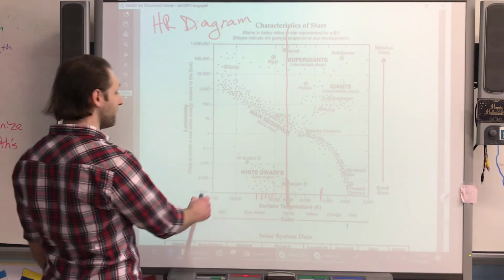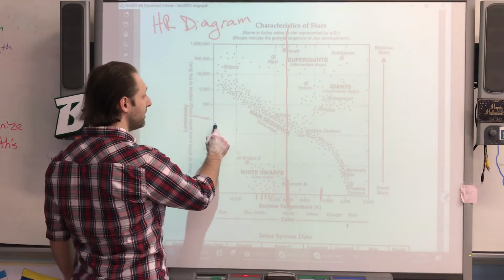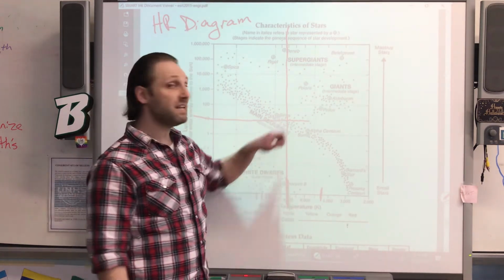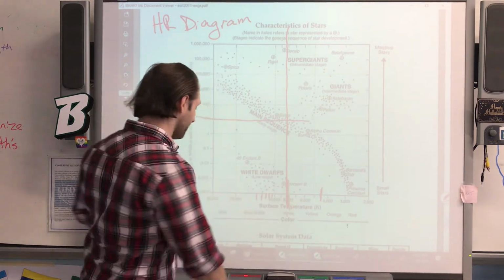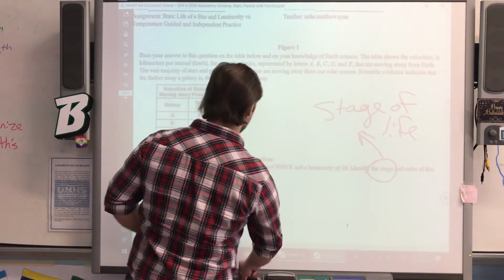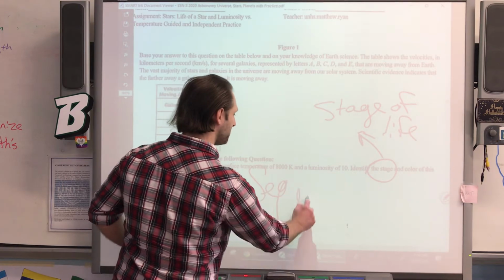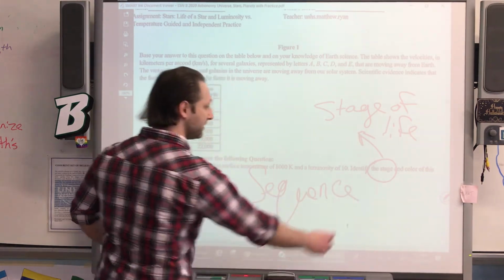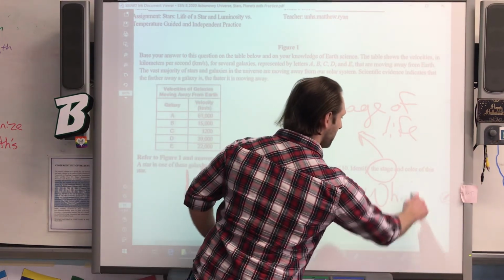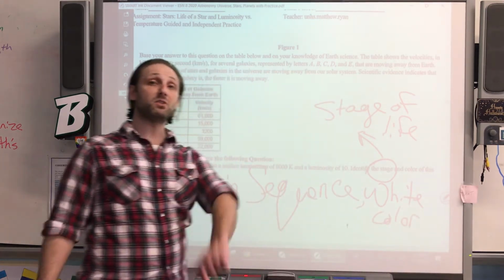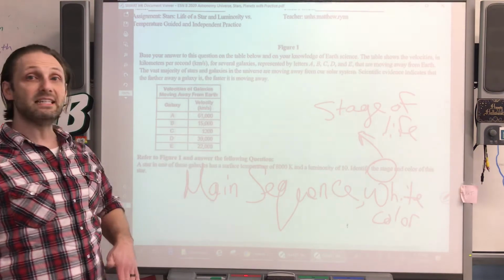All right, so luminosity of 10 is here. So let's see where they meet. So it is a main sequence star and white in color. So let's make sure we get that down. Main sequence and white color. That is the star they were talking about for these galaxies.